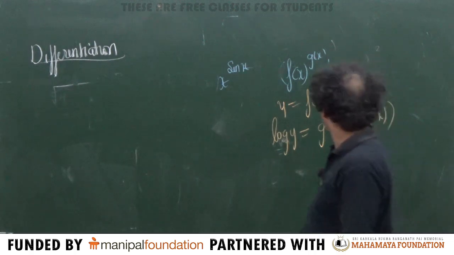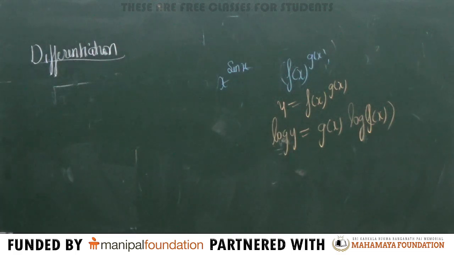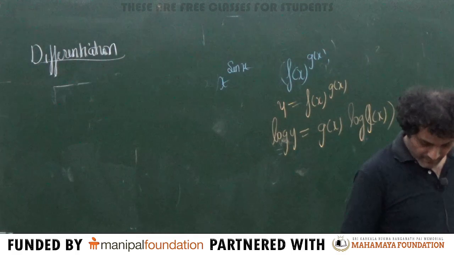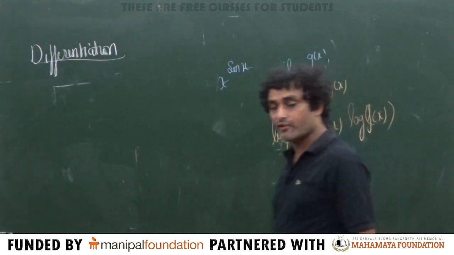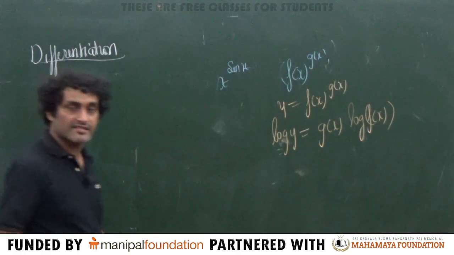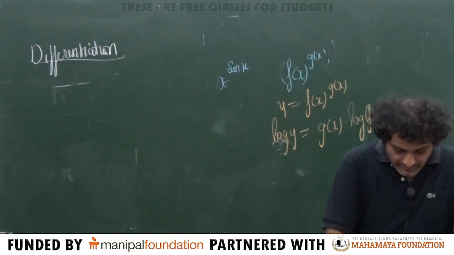It is dy by dx equal to f of x to the power g of x.